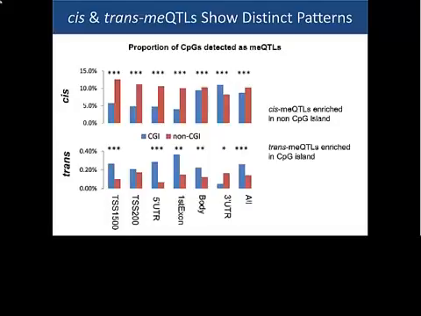As you can see, for cis analysis, the methylation QTLs were strongly enriched in the non-CpG-island regions, but for trans associations, such a pattern is reversed. The trans-methylation QTLs are enriched in the CpG-island regions. This has not been reported before.